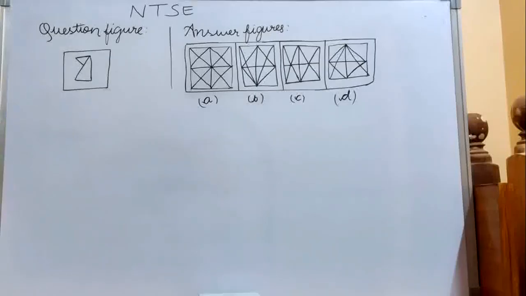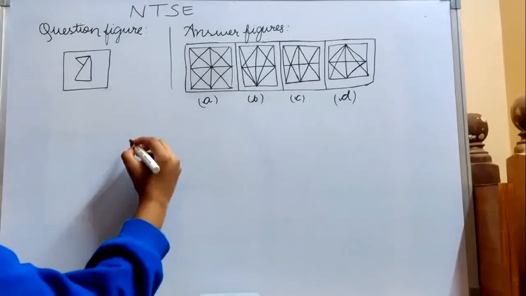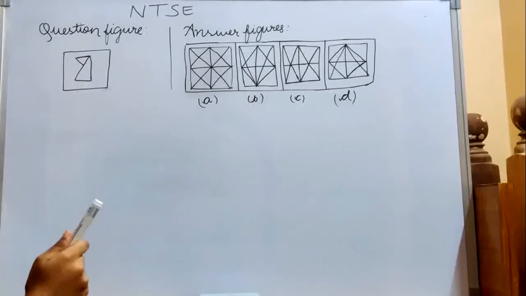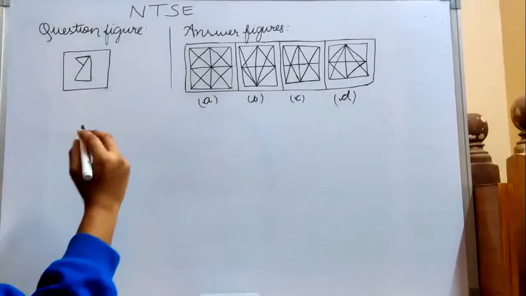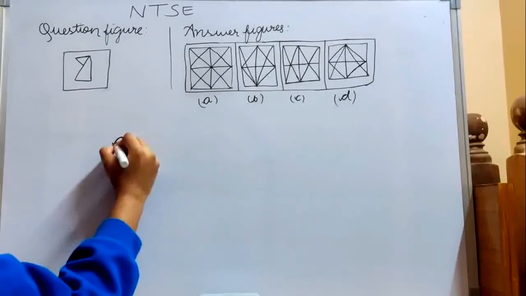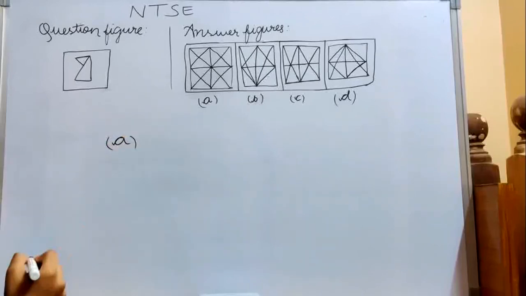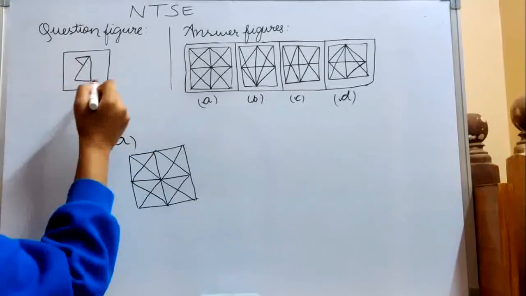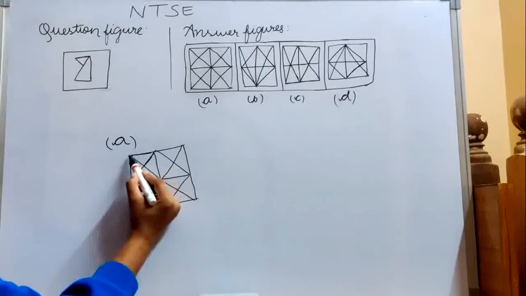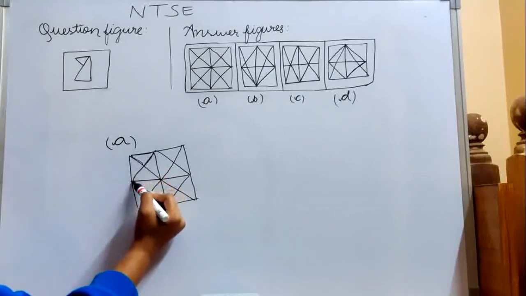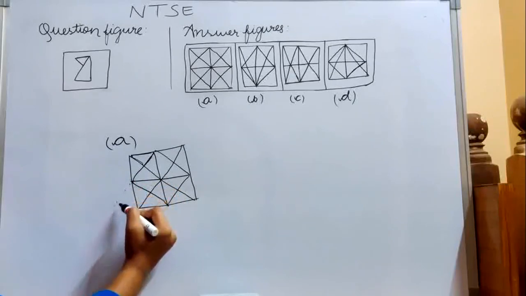Now let us take an example from NTSE. Here, in the same way like the previous questions we discussed, we are given a question figure and the answer figures. Now let us check if this question figure is embedded in option A. If you see in option A, you will find out that the triangles, the smaller triangle is there, but the larger triangle is not there.